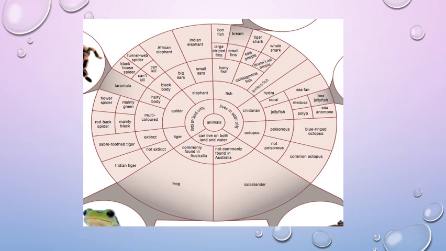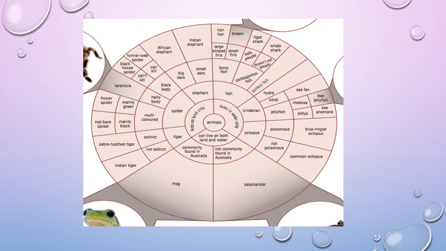So first read the category that can live on both land and water. If it is commonly found in Australia, then it's a frog, and if not commonly found in Australia, then it's a salamander.